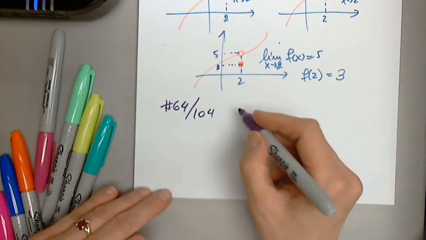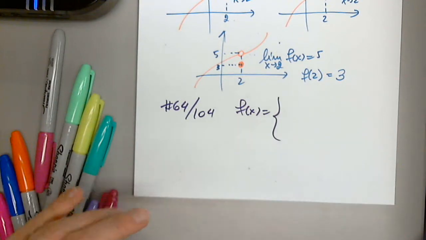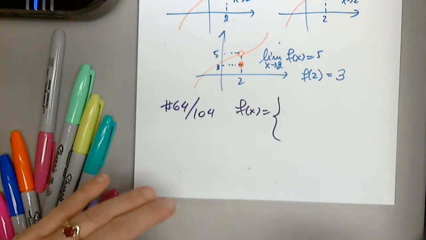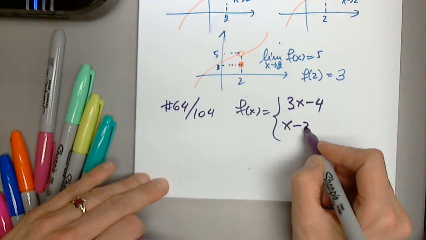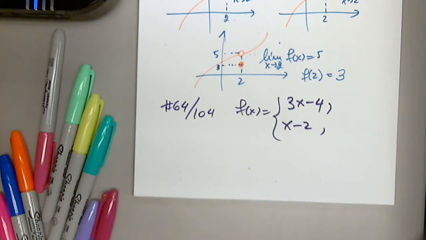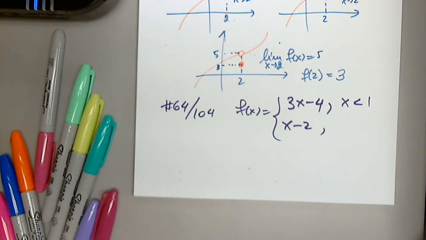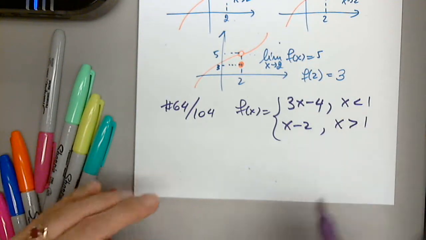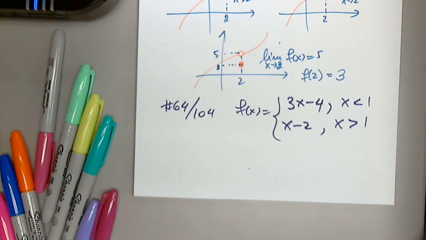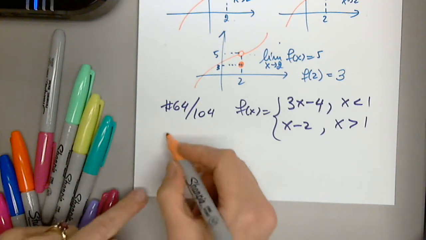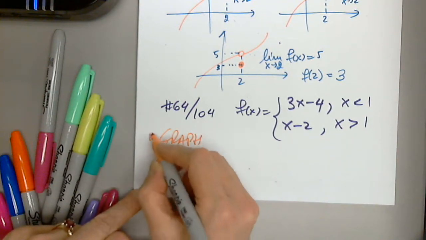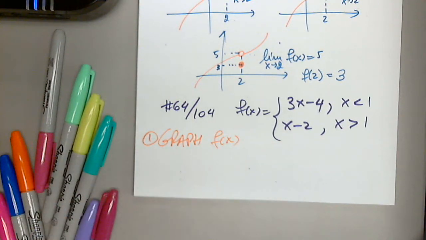We have f of x, a piecewise defined function: 3x minus 4 for x less than 1, and x minus 2 for x greater than 1. Then we're asked to find some limits. The first question is: number 1, graph f of x.